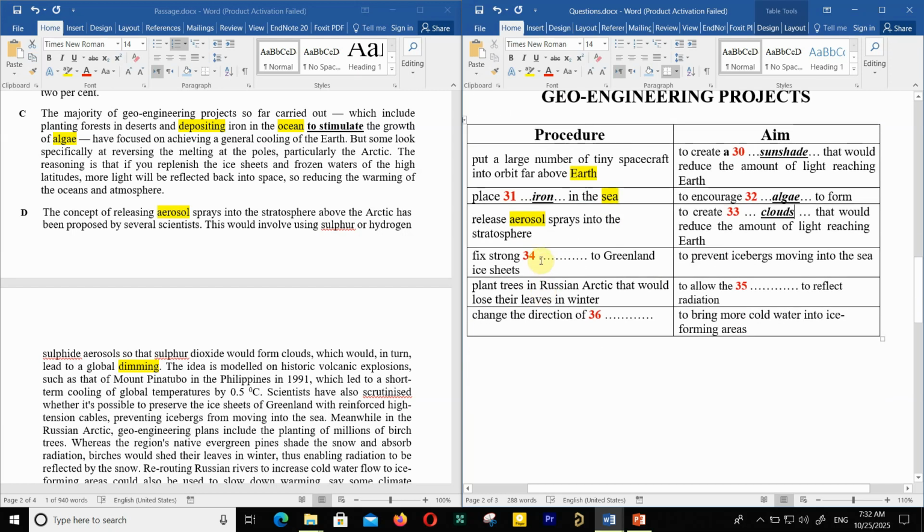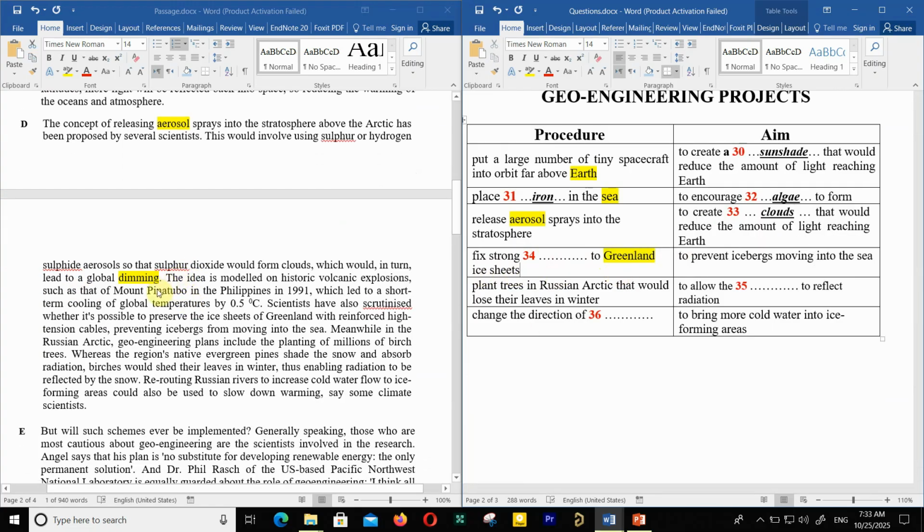Question 34. Fix a strong what to Greenland ice sheets. Greenland is a good word to look for. Greenland, where is it? Here, this is Greenland. You see? This is it. Fix a strong.